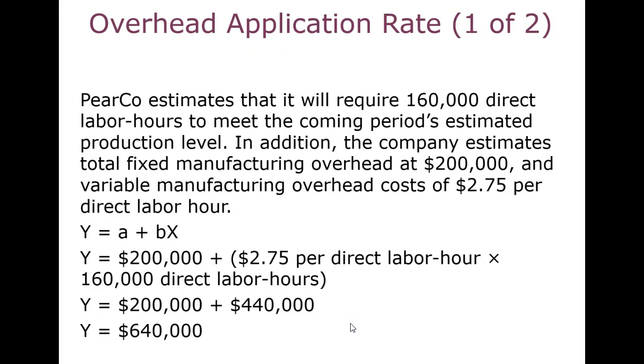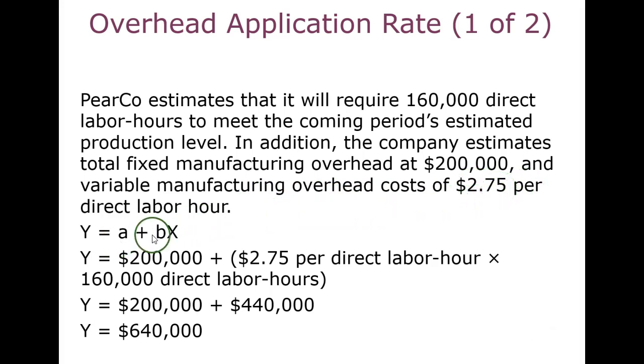Let's throw some numbers in the mix. We estimate we're going to have 160,000 direct labor hours during the coming year to meet production level. That's the allocation base. We estimate the total fixed manufacturing overhead cost will be $200,000. And the variable overhead cost per direct labor hour is $2.75.